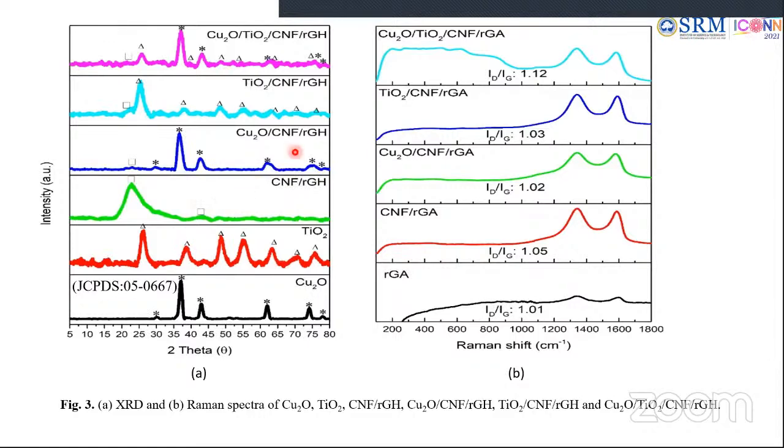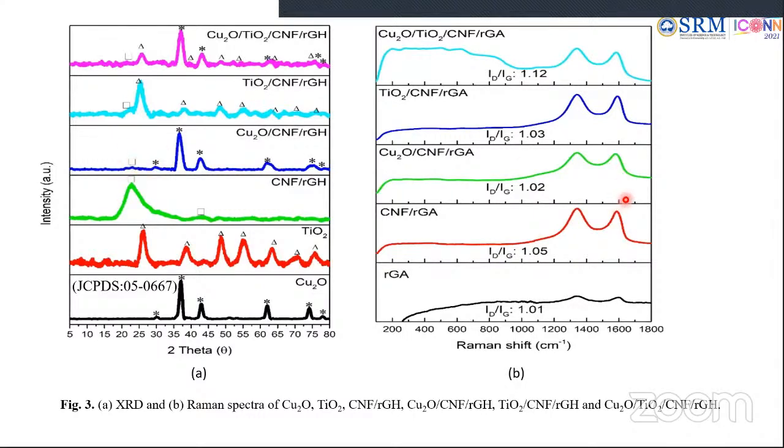So after the decoration with the photoactive material, we could see the graphene sheet peak at 23 collapse. This is possibly due to the presence of this photoactive material closing down or inhibiting the showing of this particular peak here.